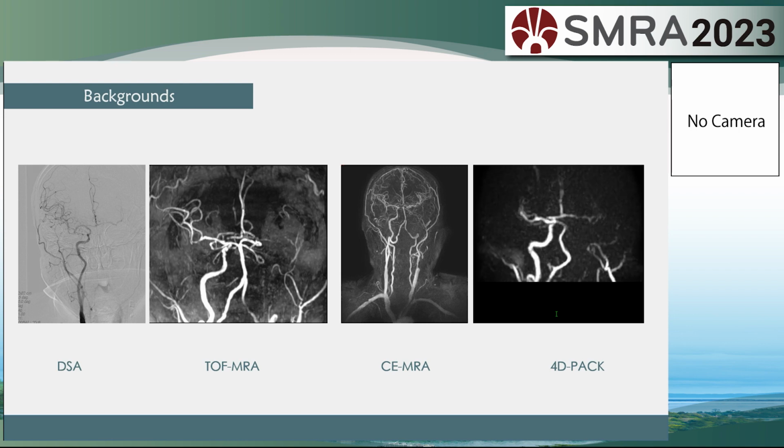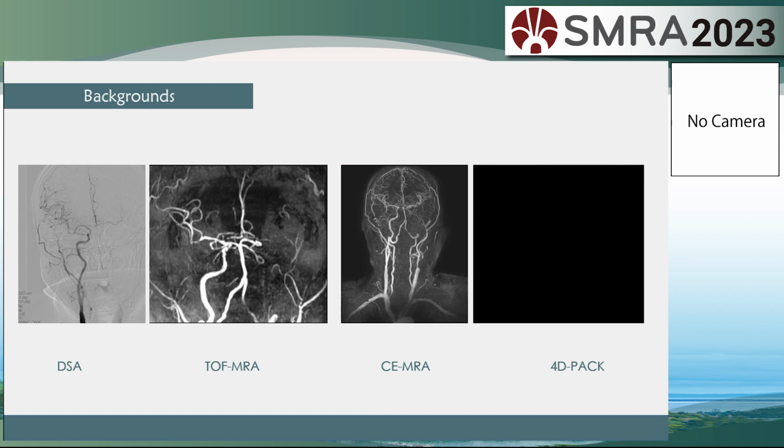TOF MRA and CE MRA can provide some information, while it is difficult to get blood flow information. Recently, 4D MRA technologies are well established to visualize the cerebral arteries.